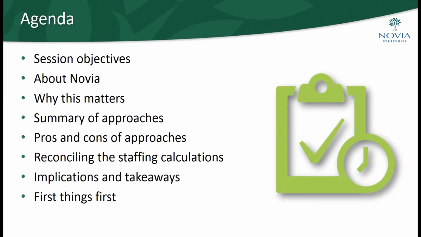We're going to discuss pros and cons of both approaches, and then go through a little bit about how to reconcile the approaches, and then have some implications and takeaways. There is actually a takeaway tool that we developed to help reconcile some of the options. And then Susan is going to share with us, once we have those targets, what's next.